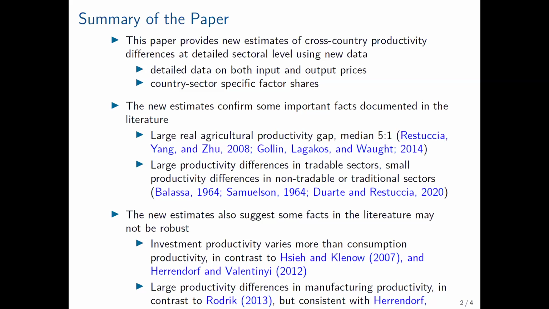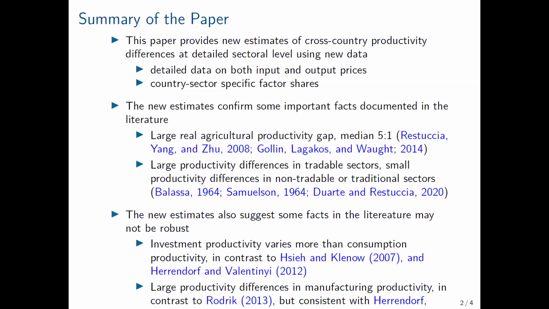I think Gollin's paper is around 0.41. And what Robert also mentioned, they control for some of the input differences, human capital. So that result seems to be quite consistent with the literature, which is good because I've been working on this agricultural gap. So that fact still remains.